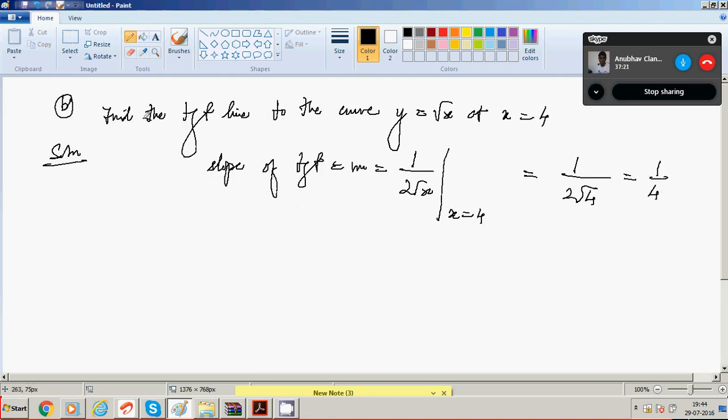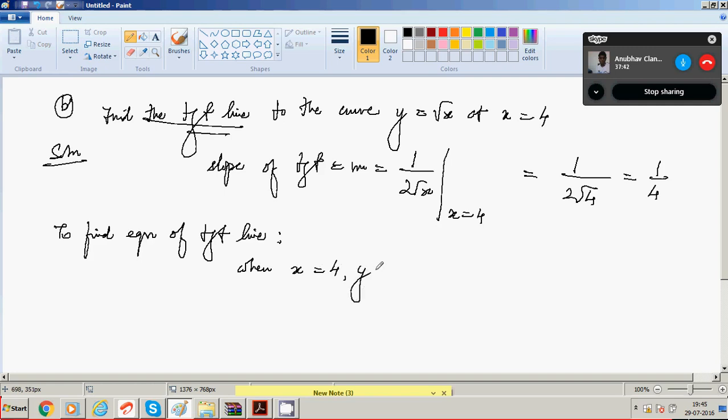Now we have to find the equation of the tangent line. When x equal to 4, y is equal to square root x equal to 2.